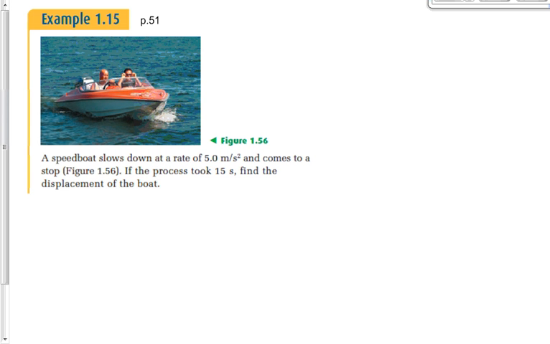But we're going to do another one here. Page 51. It says a speedboat slows down at a rate of 5 meters per second squared. Wait a sec, slows down, negative, right? Ugly highlighter time. Comes to a stop. The process took 15 seconds. Find the displacement of the boat. A, negative 5.0 meters per second squared.